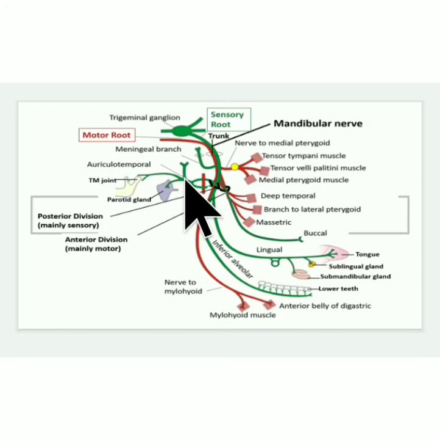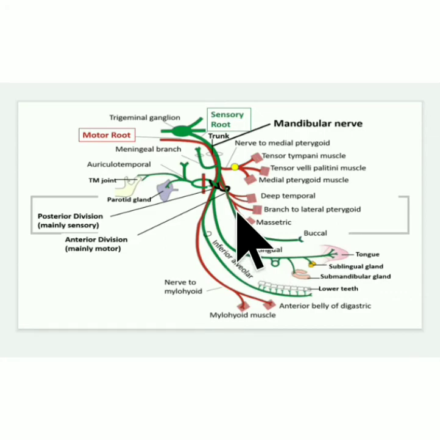Here, the auricular part supplies the skin of the tragus, upper part of the pinna, external acoustic meatus, and tympanic membrane. The temporal part supplies the skin of the temple, the parotid gland, and also the temporomandibular joint.